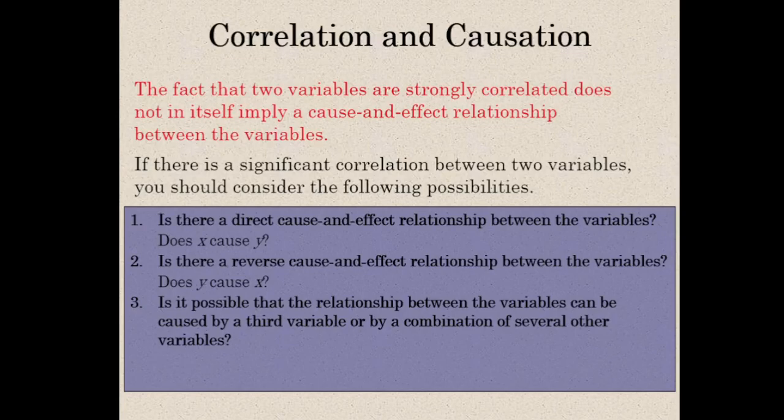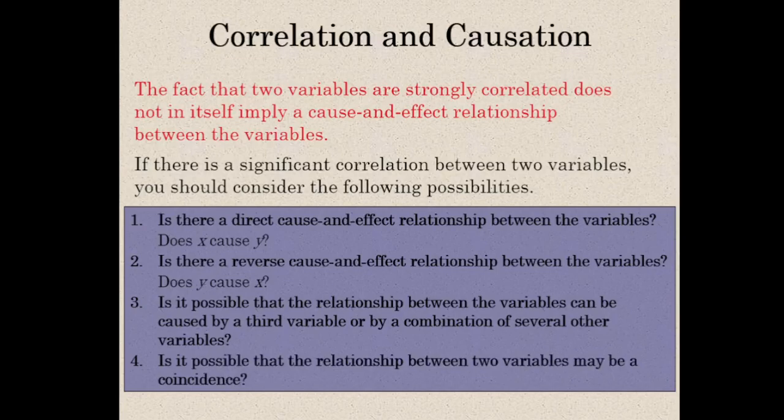A third factor can initiate that, or it can be a combination of third factors. Is it possible that the relationship the two variables are showing is just a coincidence?